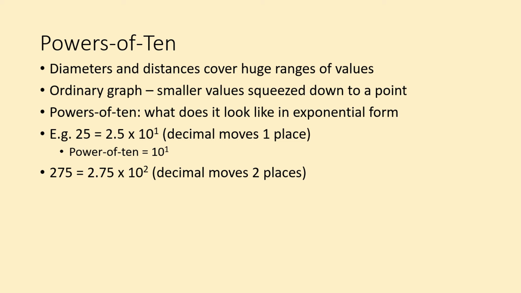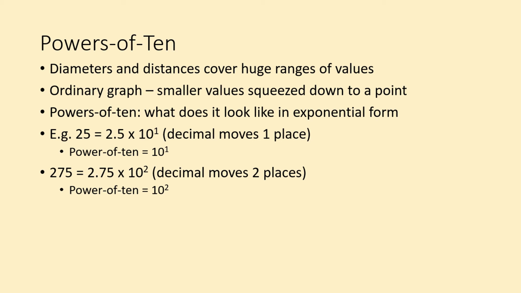Because the decimal moves two places to get from 275 to 2.75, the power of 10 would be 10 to the 2. Notice that we're losing precision here. For example, 800 equals 8 times 10 to the 2, which also has a power of 10 to the 2. When we're focusing on the powers of 10, it's okay that different numbers come out to the same value.